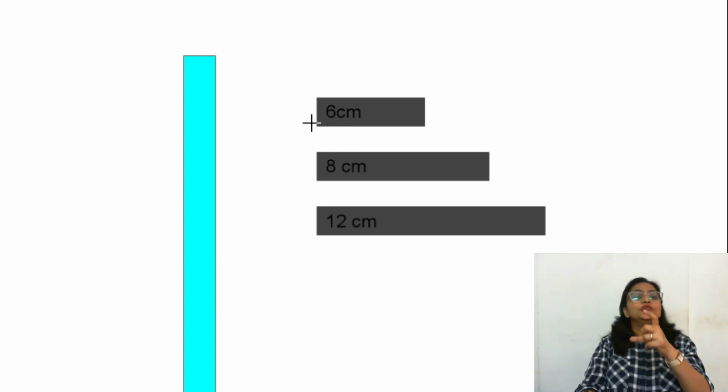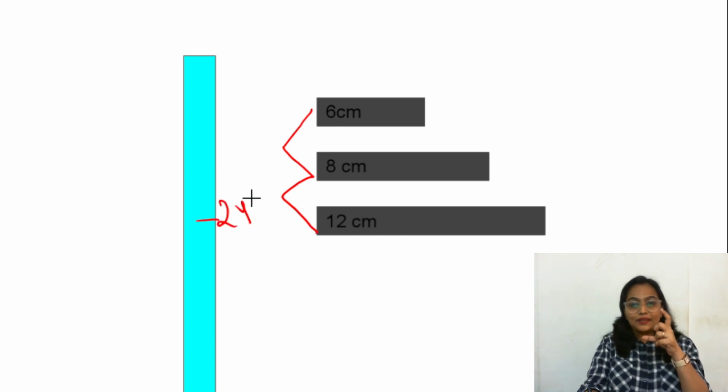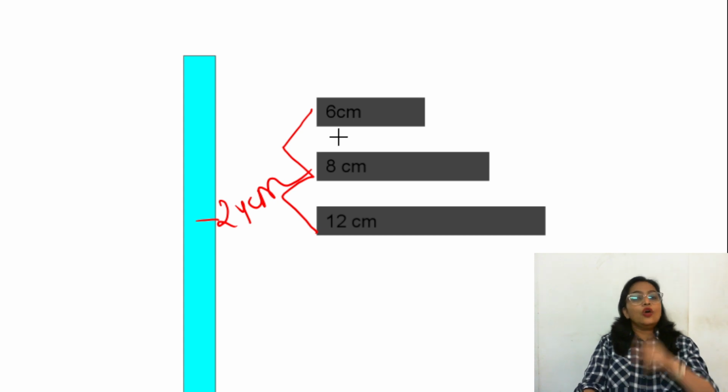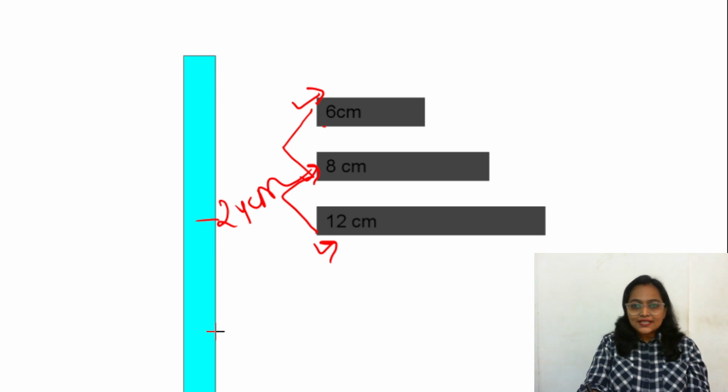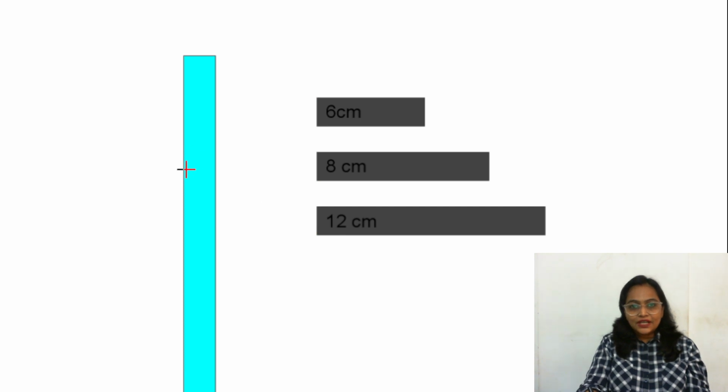If you see, you will come up with a length of 24 centimeter, right? So a 24 centimeter ribbon will be measured by the 6 centimeter scale, 8 centimeter scale and 12 centimeter scale, all the three. So for 6 centimeter, you have to measure it 4 times with the scale, right? For 8 centimeter, you have to measure 3 times, 8, 16, 24.